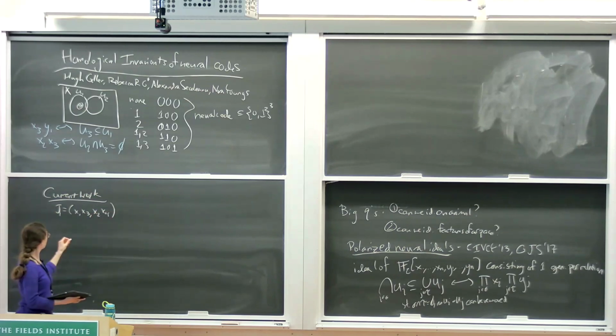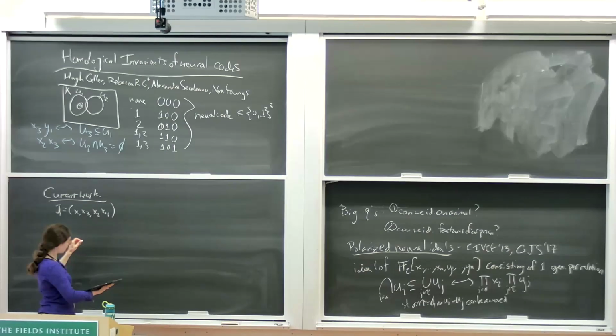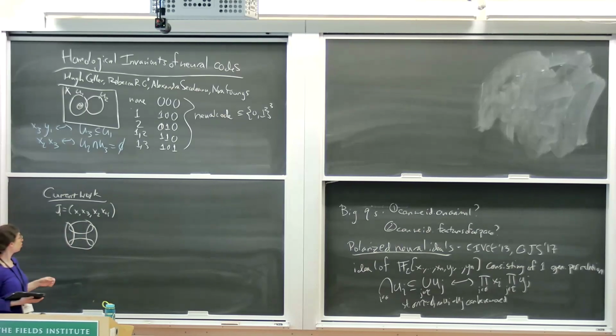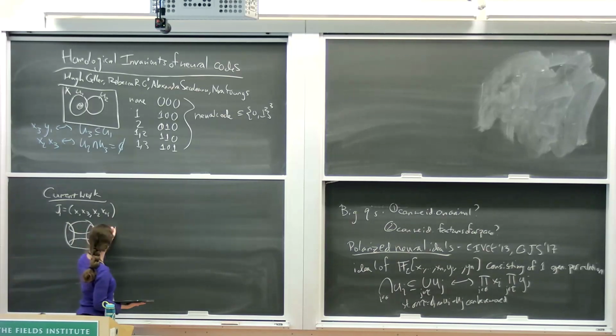So J1, we can draw like this. All we know is 1 and 3 don't intersect and 2 and 4 don't intersect. This is a realization of it, and this is not inductively pierced.